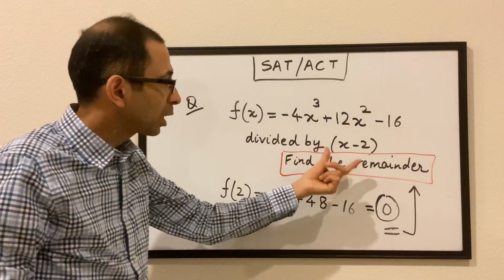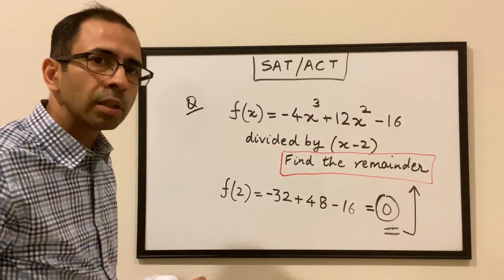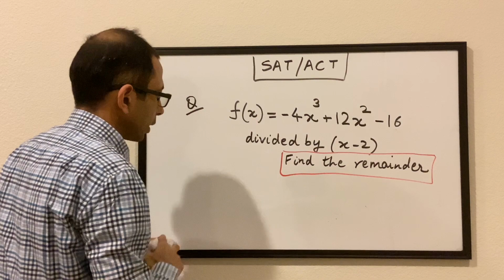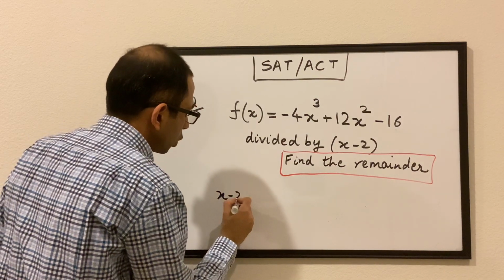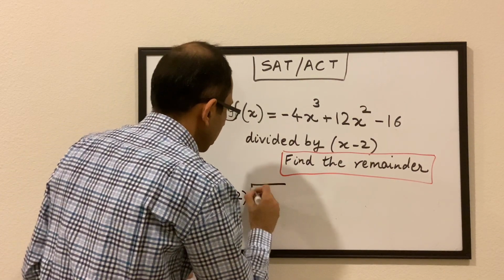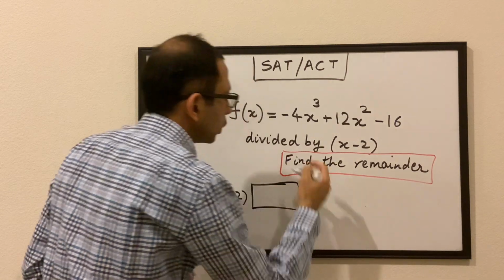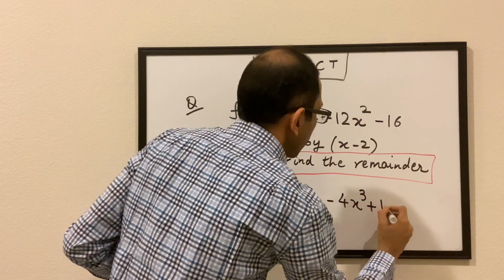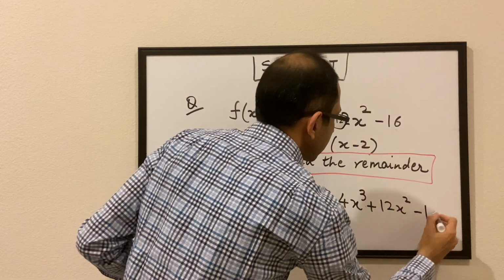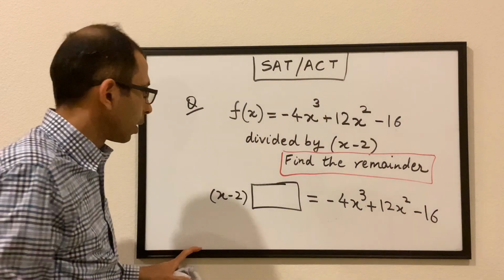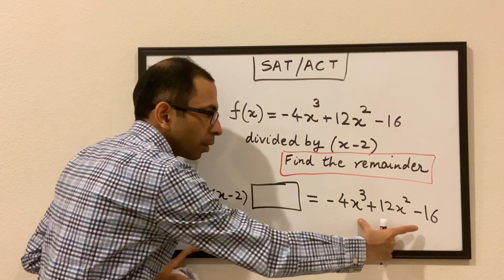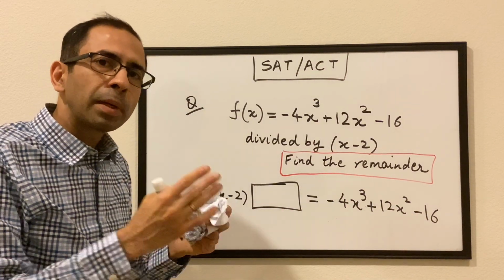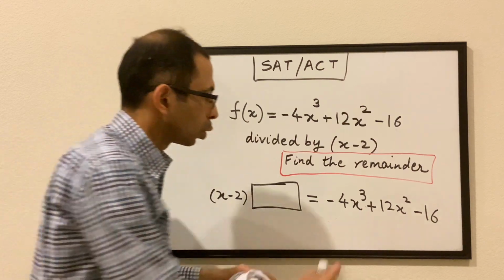Now we know that if x minus 2 is a factor of this function, we can write the whole thing like this: x minus 2 times some entity is equal to minus 4x cubed plus 12x squared minus 16. If x minus 2 is a factor of this function, it means that x minus 2 can be multiplied with some entity to get to this.